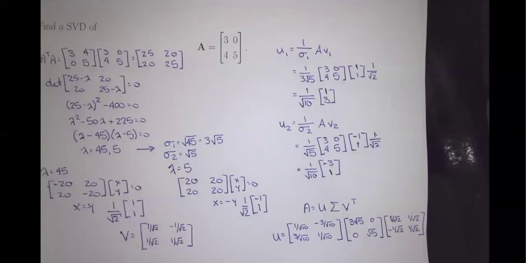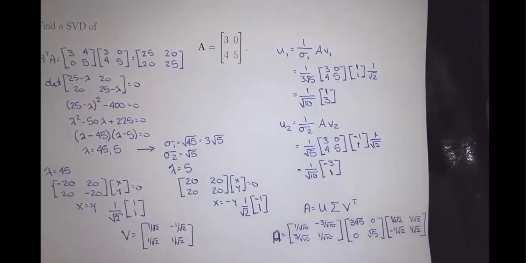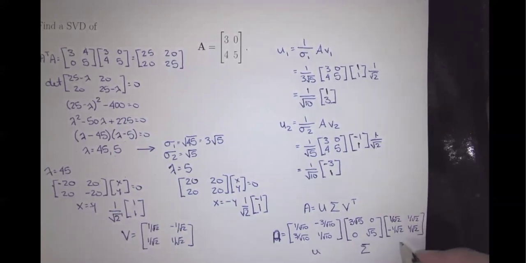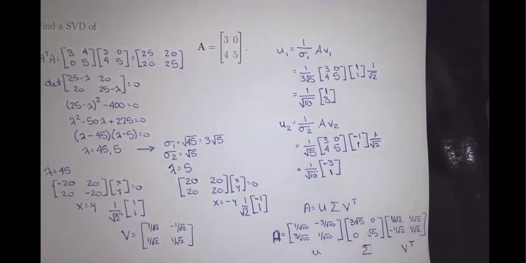And so if we multiply this out, we end up with, not U, A. I didn't mean to do it like that, but it worked. So this guy here is U, this guy here is sigma, and this guy here is the transpose of V. And so multiplying those out, you get matrix A.